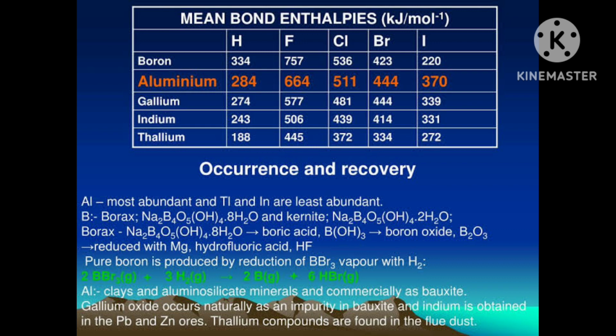The observed discontinuity in the ionization enthalpy values between aluminum and gallium, and between indium and thallium, is due to the inability of d and f electrons, which have low screening effect, to compensate the increase in nuclear charge.